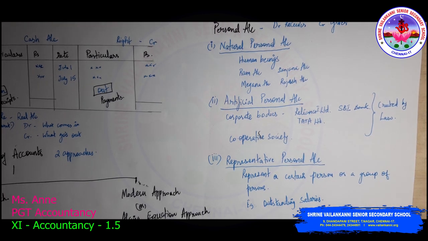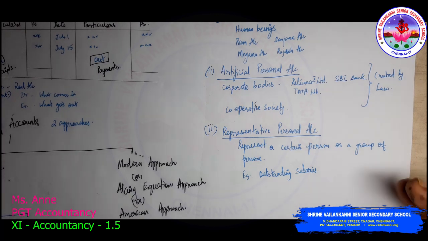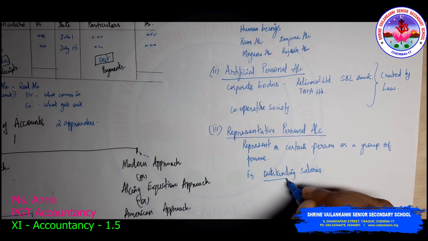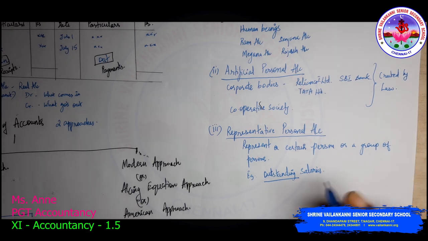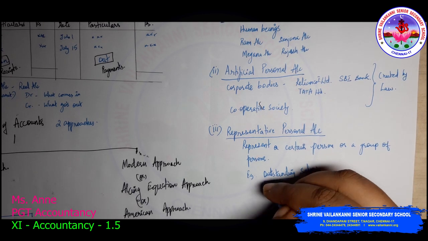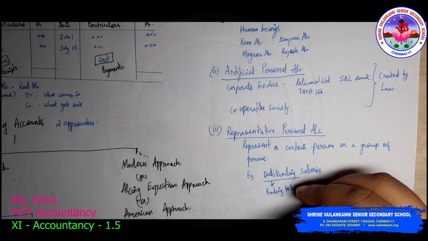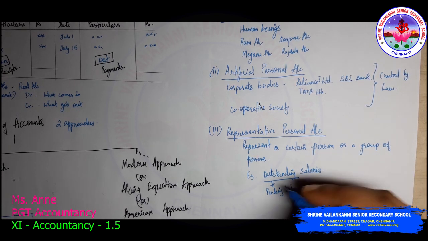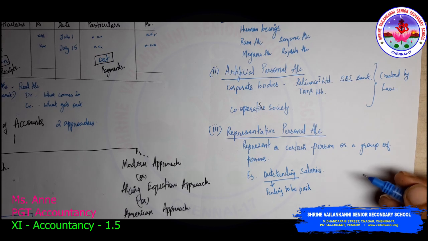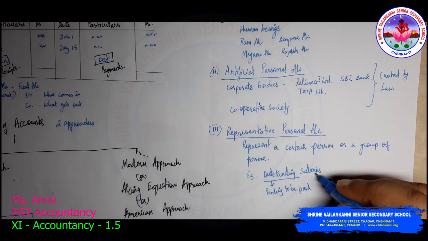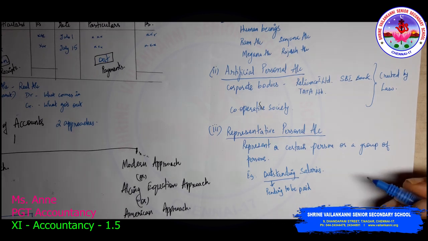The company has to pay salaries to its employees, but if it is not paid, you call it outstanding salaries, pending to be paid. In accounting terms, pending to be paid is called outstanding.